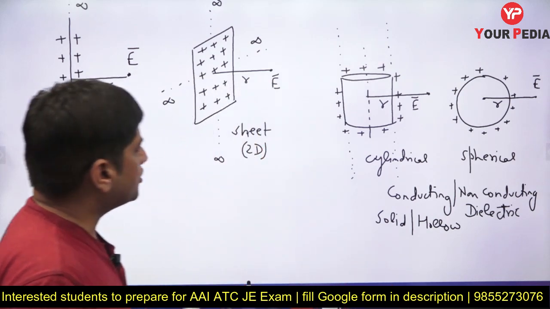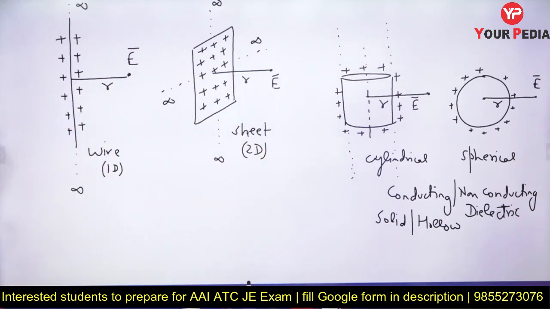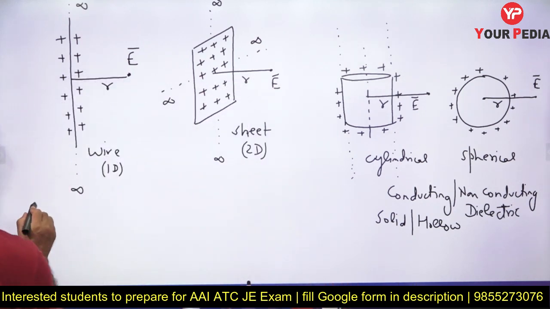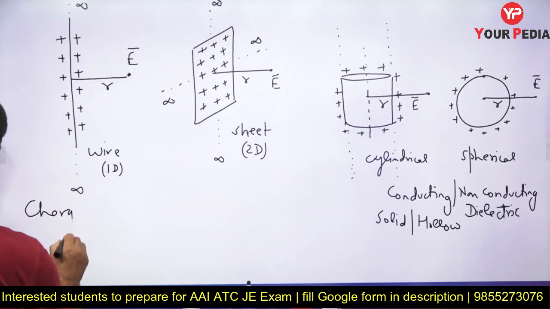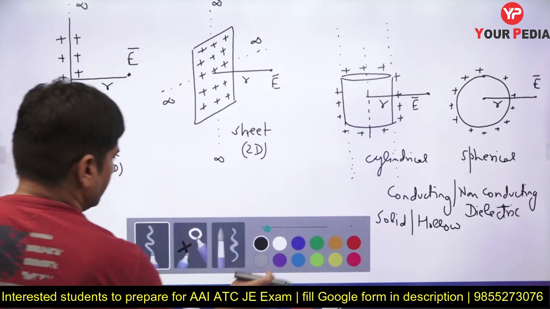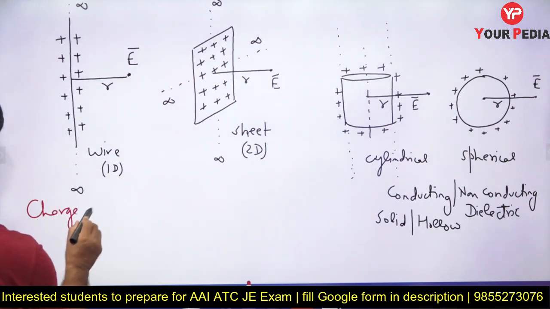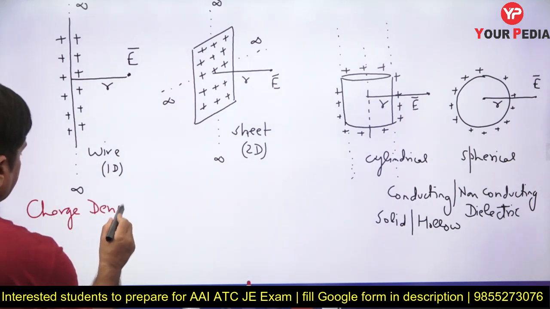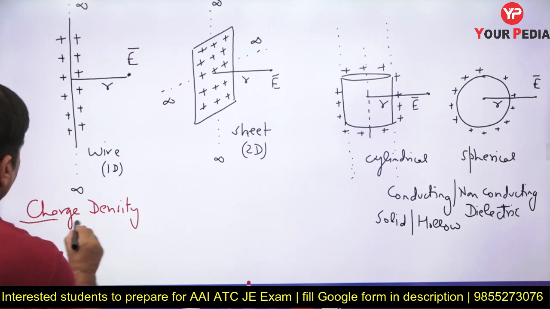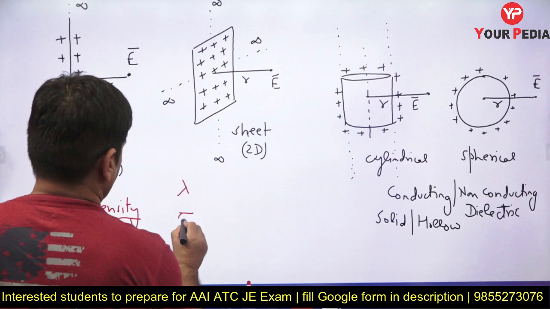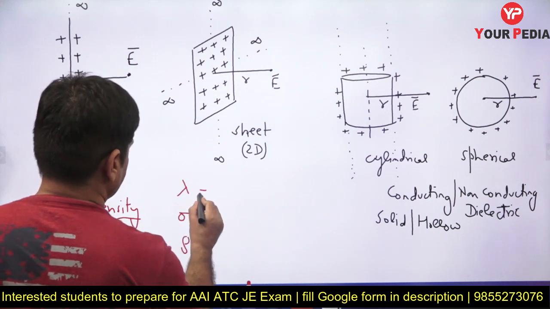Now before we go forward, there is something very important to understand and remember, and that is charge densities. When we talk about charge densities, we will be talking about three kinds, like density is mass per unit volume. Charge density is also of three types, and we will be using these three terms.